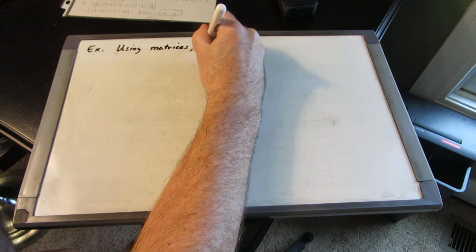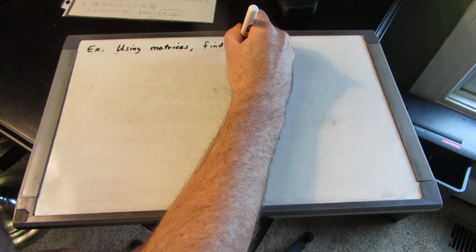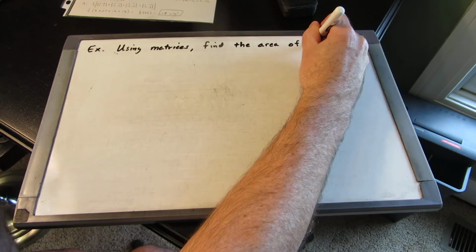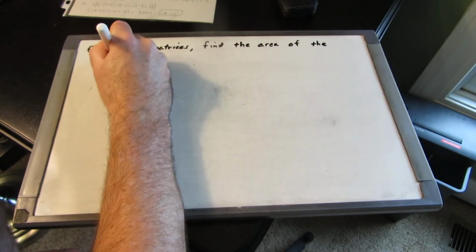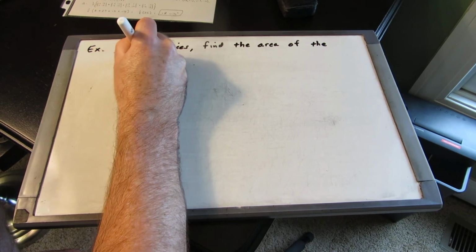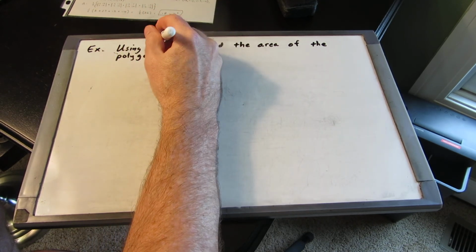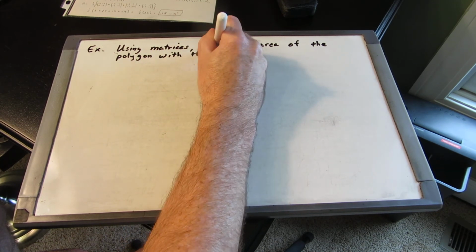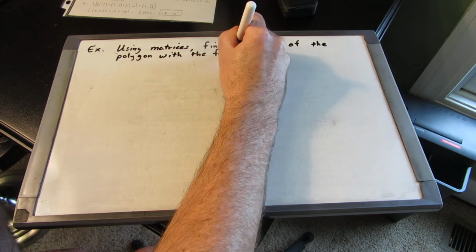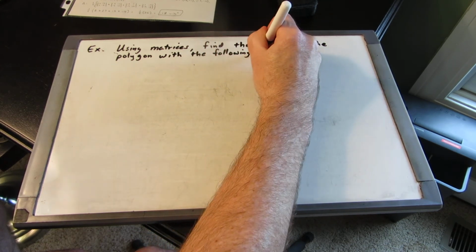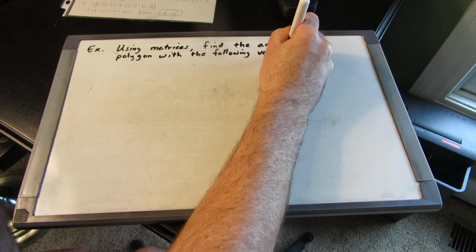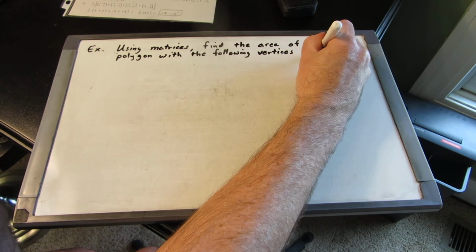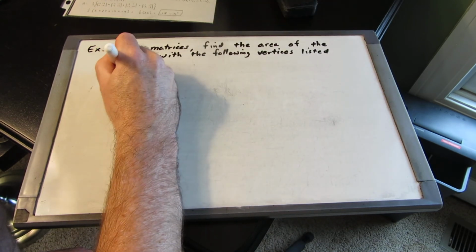Find the area of the polygon with the following vertices listed counterclockwise.